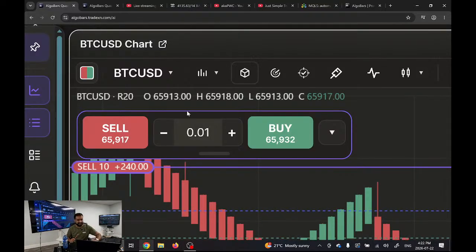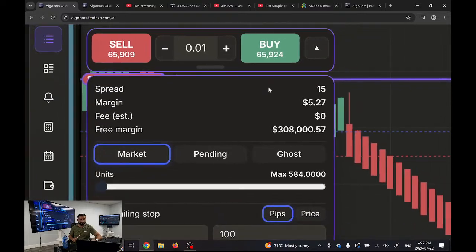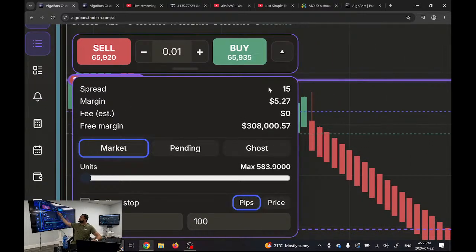What does this mean? When my lot size is set to 0.01 and my stop loss and take profit to 100, each trade I do is only worth $1. So you can learn how to trade by only risking $1 per trade. Either you might make $1 or you might lose $1.